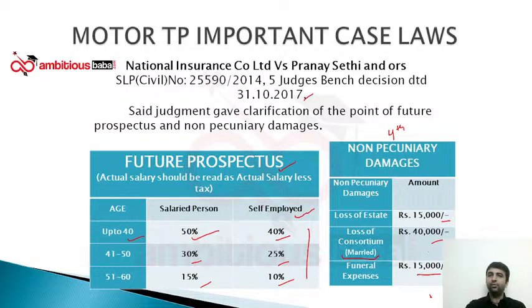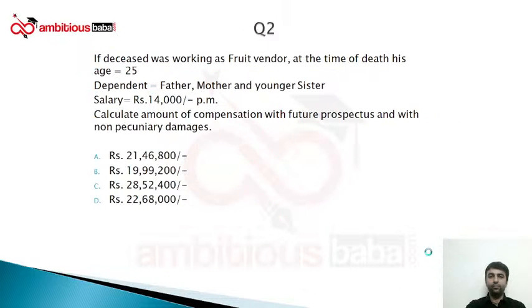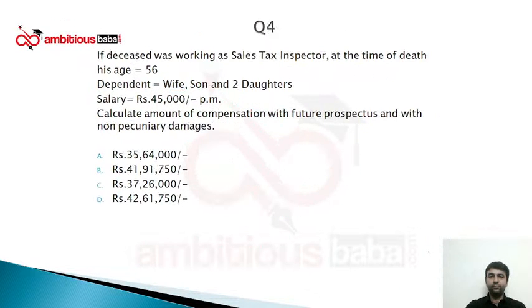Okay, going to question number 4. Now this question you all have to solve. The person is a sales tax inspector, age 56, survived by wife, son and 2 daughters.